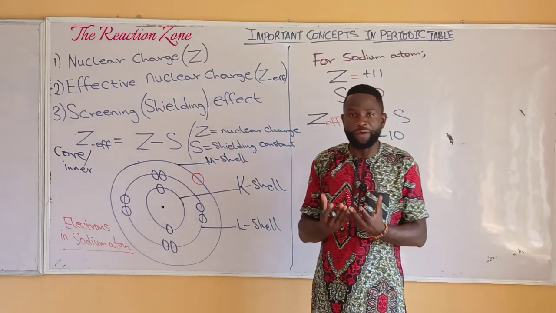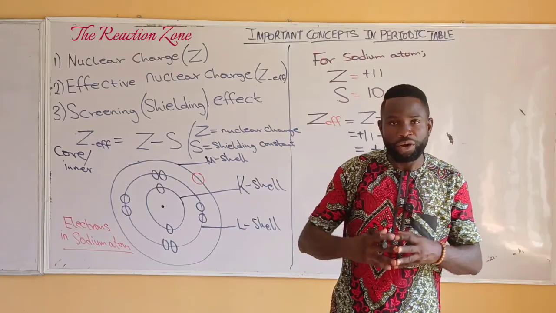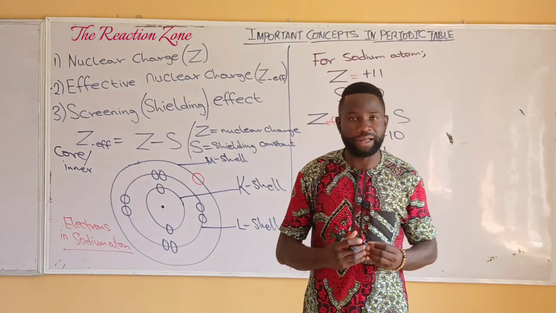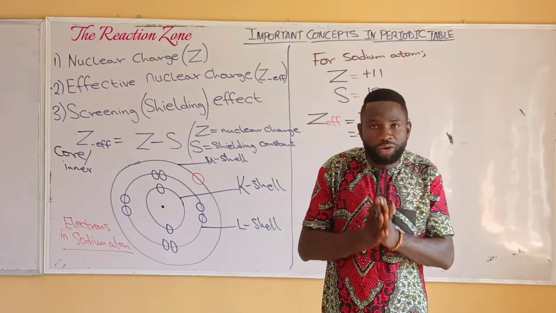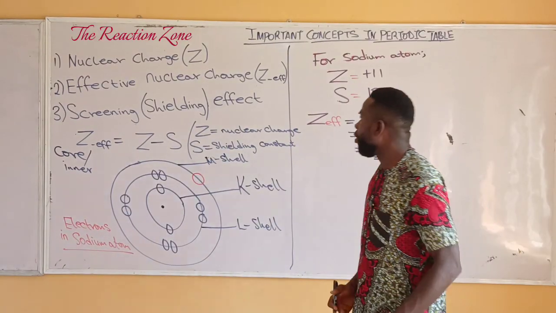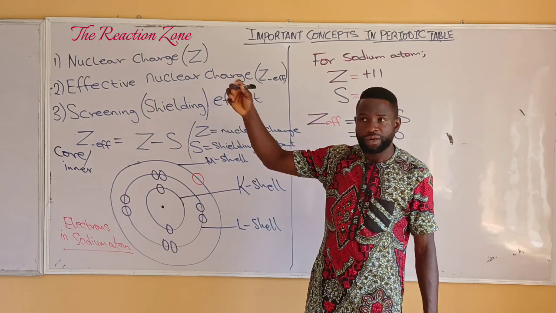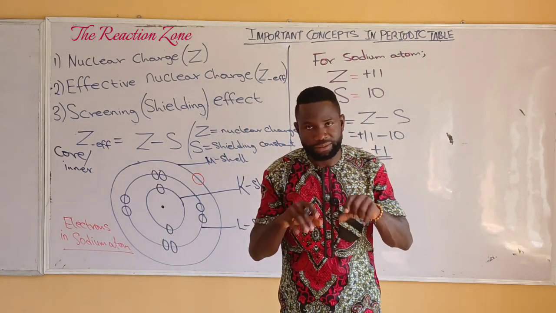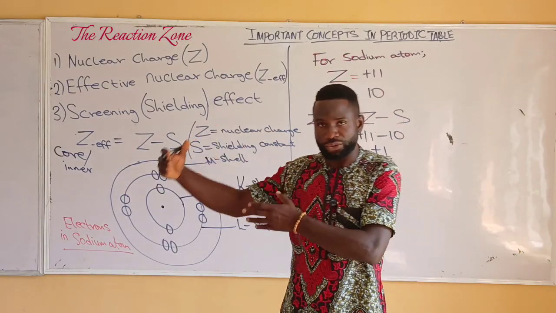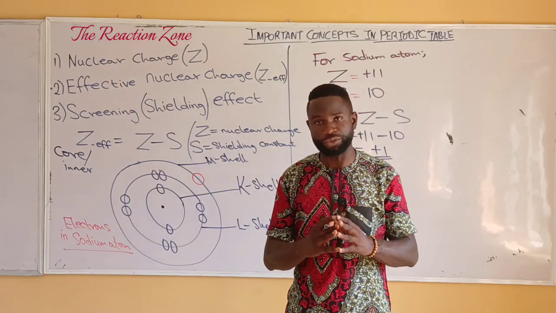So, screening effect is simply the repulsion of the outer electrons by the inner electrons. As a result of that, they don't experience the full effect of the nuclear charge. And due to this, the force of attraction of the nucleus for the outer electrons is reduced.